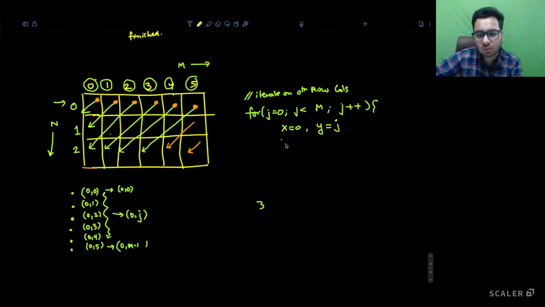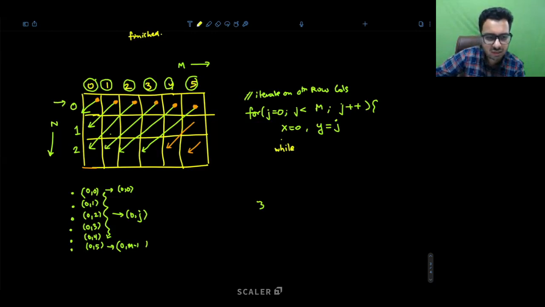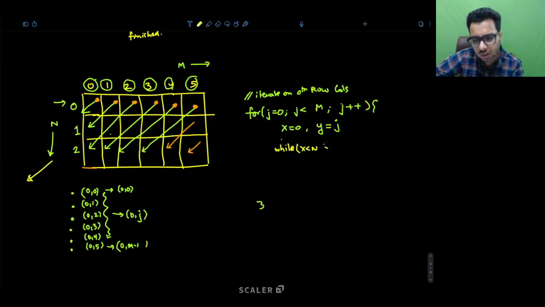So the while condition is still the same: since we are going in this direction, we have to remain below the nth row, and we have to ensure that y does not go beyond the zeroth column.